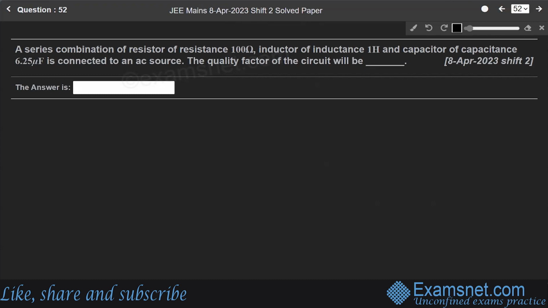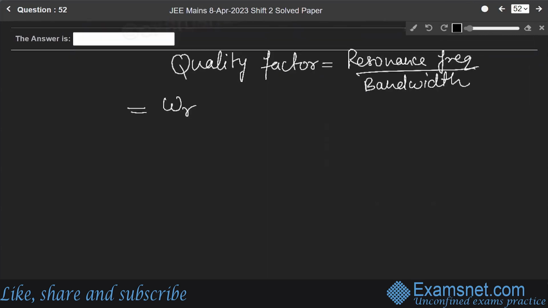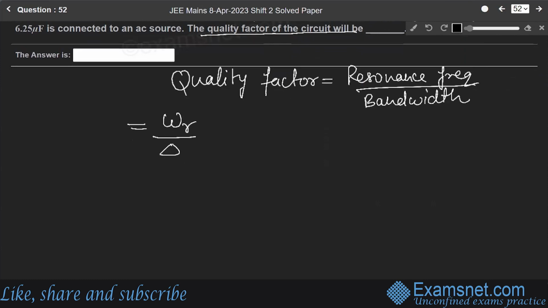At first, the formula for quality factor is a very basic formula. The quality factor is equal to the resonance frequency over the bandwidth. So the resonance frequency is omega r, over the bandwidth, which is del omega.